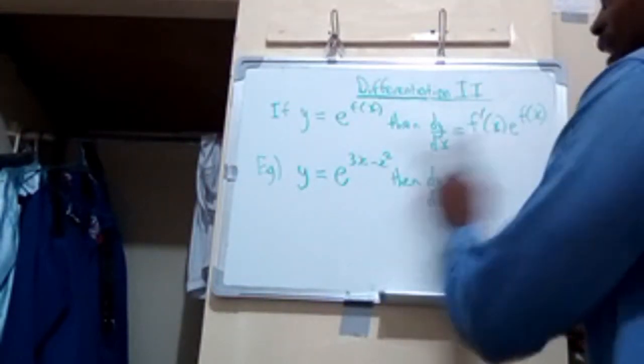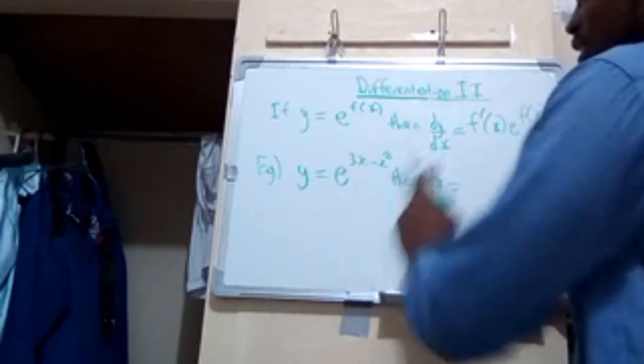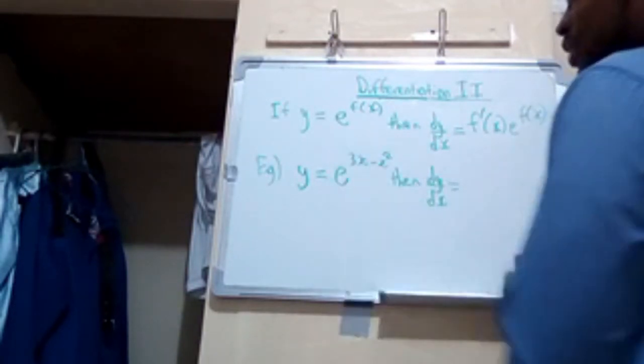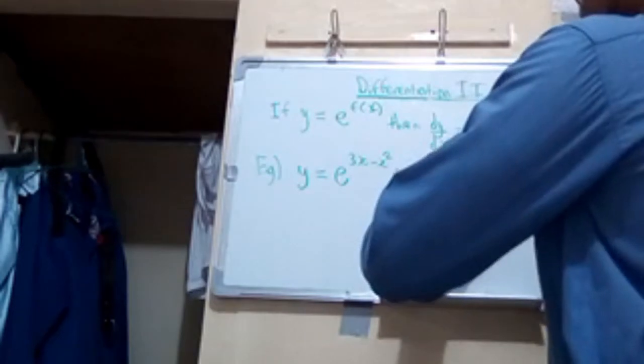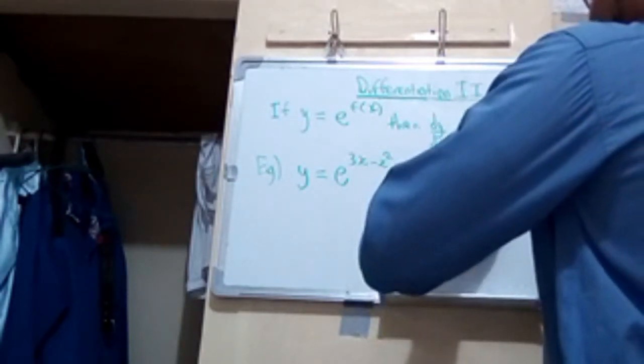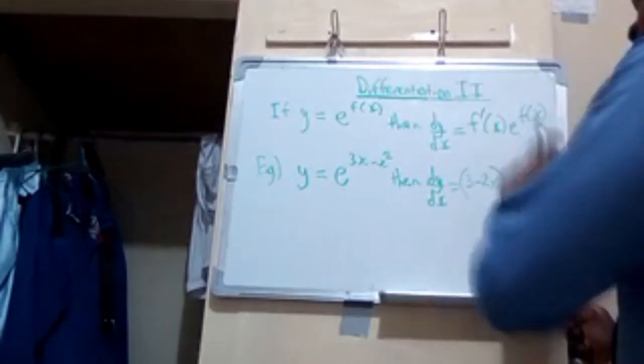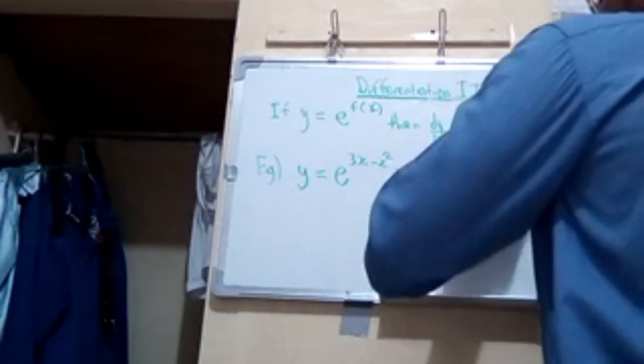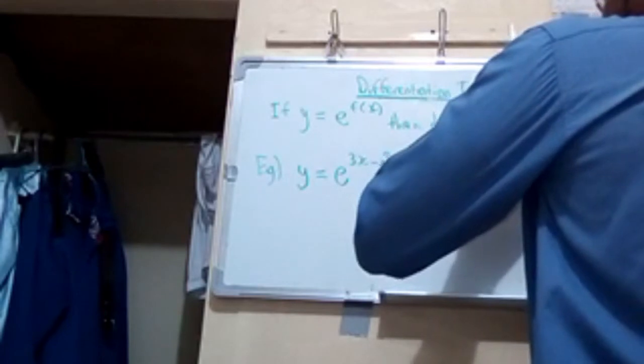It's f prime of x, this is your f of x, and so the differential of 3x minus x squared is, when we differentiate 3x, we get 3, minus 2x, times e to the f of x, which is e to the 3x minus x squared.